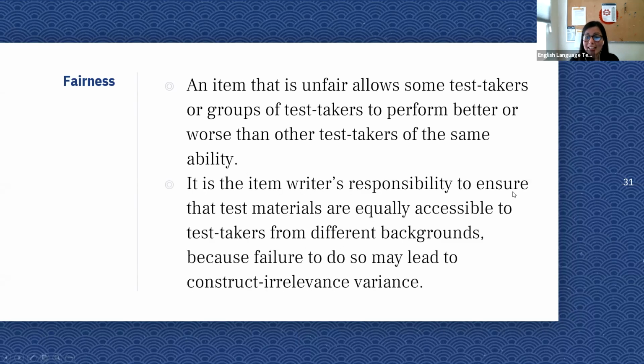And it is your responsibility to ensure that the items and the tasks, right, are equally accessible to test takers from different backgrounds, right? Because then again, it all leads to construct irrelevant variance. So a lot of things can cause construct irrelevant variance, right, and affect the validity of your test.